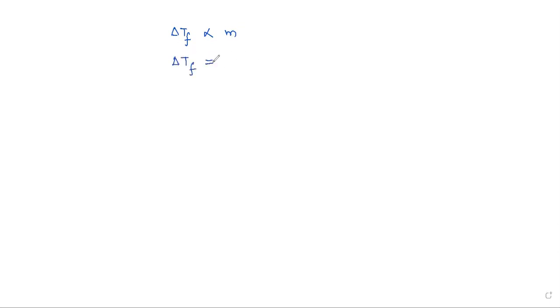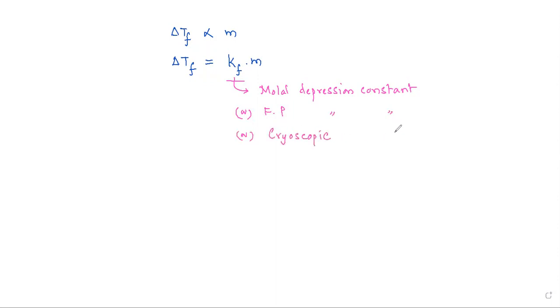So this can be given as delta TF is equal to KF into small m, where KF is a constant called molal depression constant or freezing point depression constant, or famously known as cryoscopic constant.